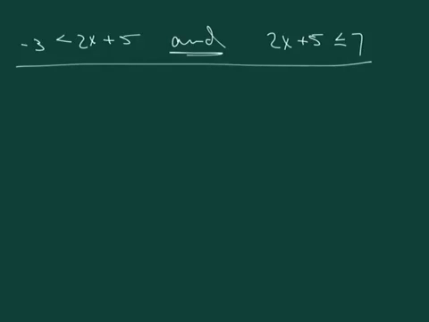Okay, so notice that the last number here and the first number over here are the same. So I can write this as that. Because the signs point the same direction, and I have this phrase and this phrase that are the same, I can put it in the middle.